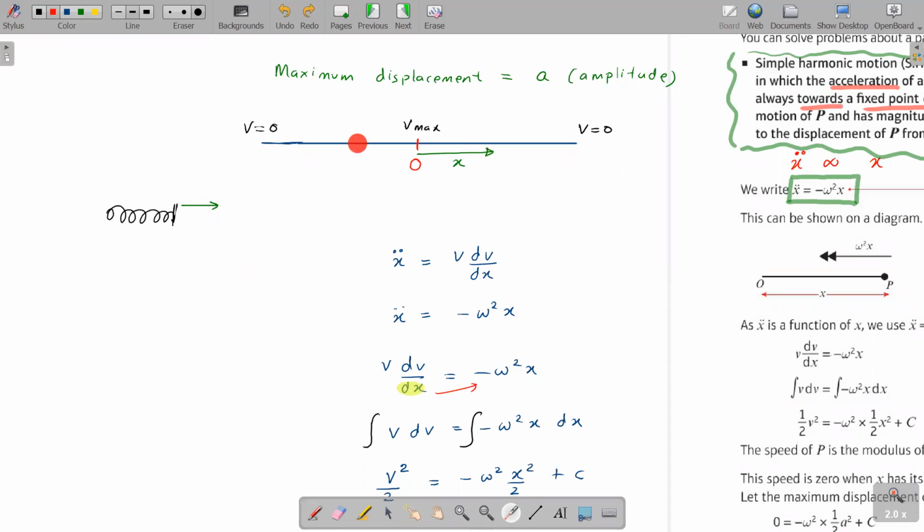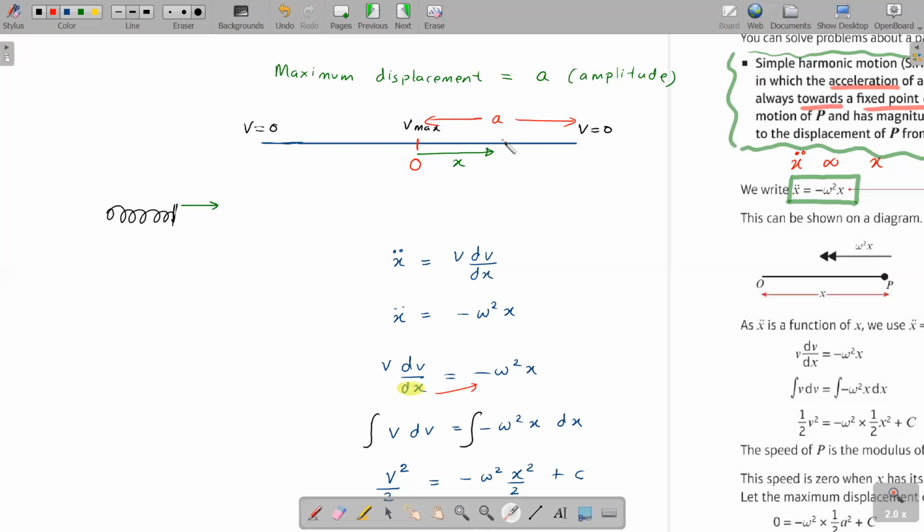And the thing here is maximum displacement is A. The amplitude is just the name given. So basically, this length is called amplitude. It's just the maximum displacement from the origin. The maximum displacement away from the center is called the amplitude.